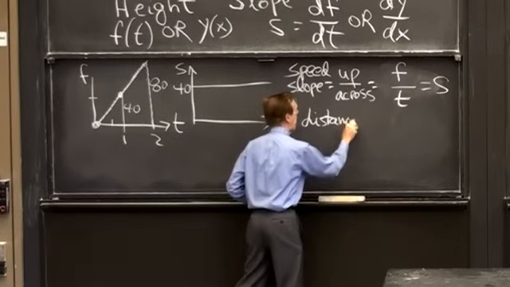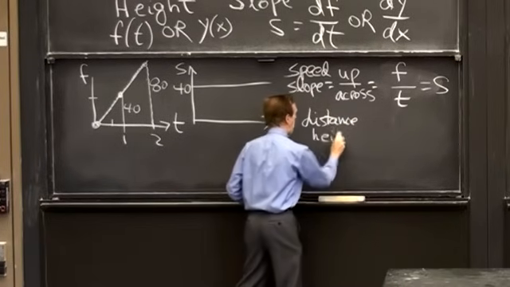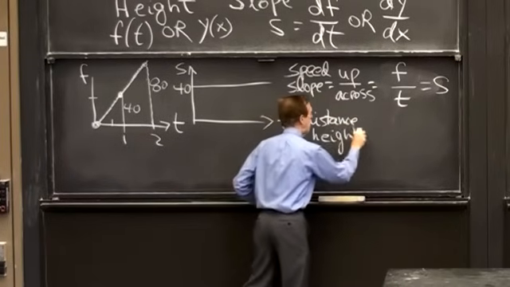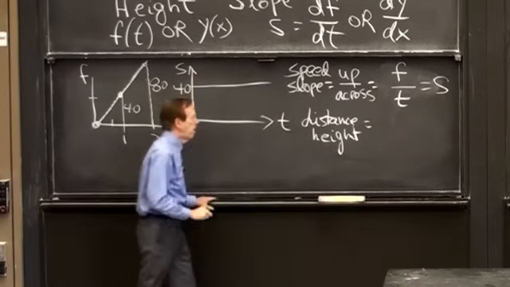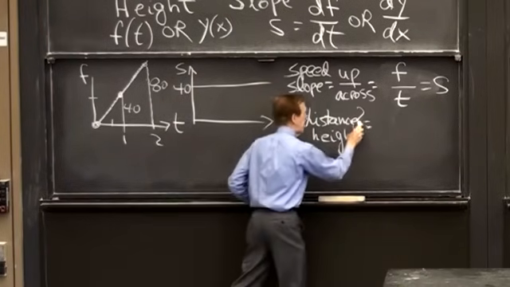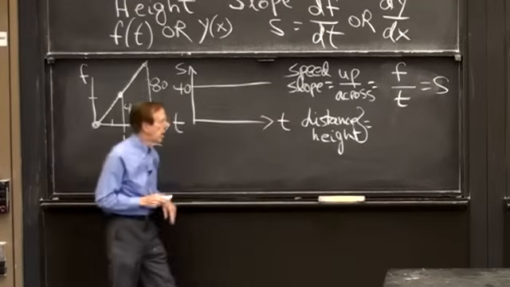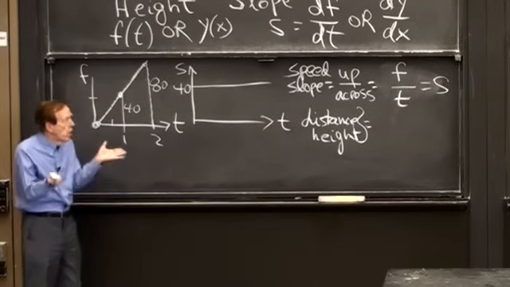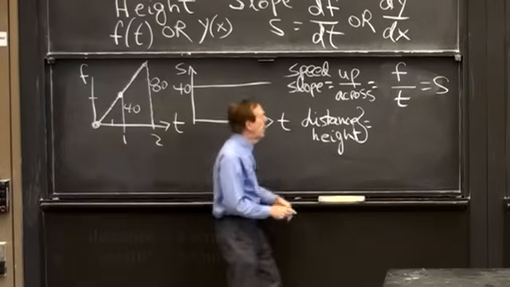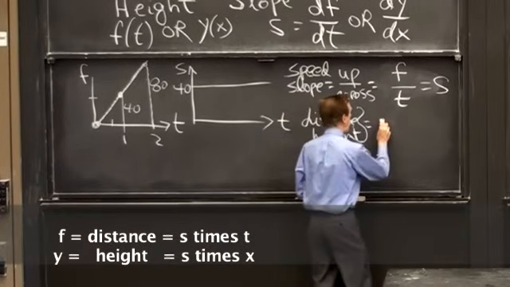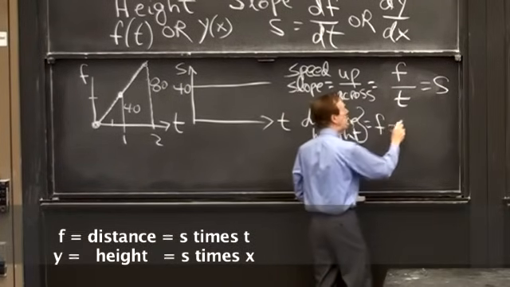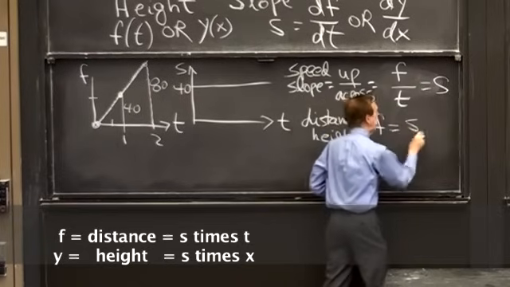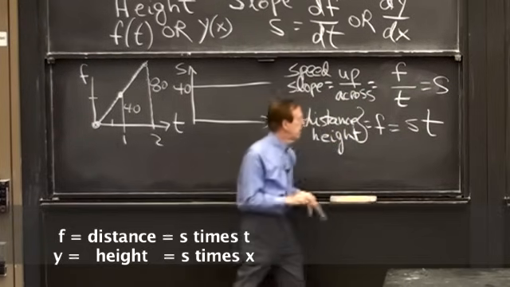Distance or height, either one. Now I'm just going the other way. Well, you see how. How do I find f? It's s times t, right?